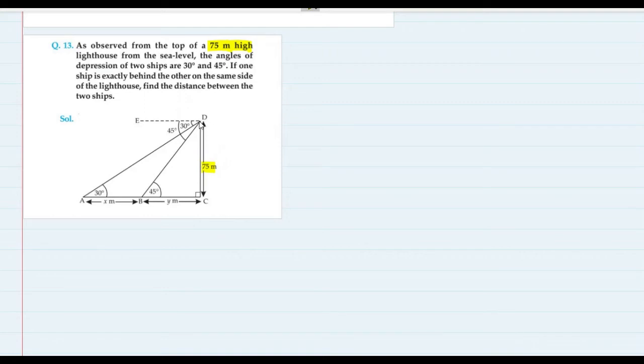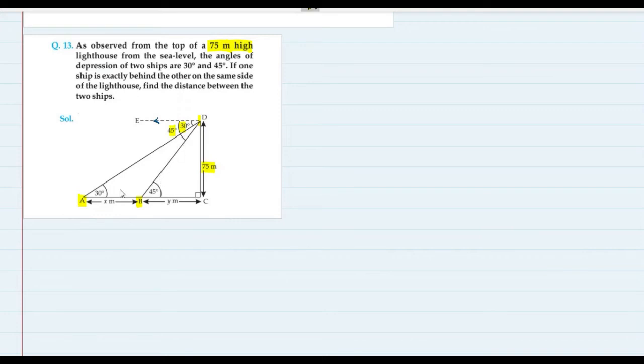Somebody is standing at the top of the lighthouse, and this is the normal horizontal line of sight, but this person is looking down, so he is actually getting two angles of depression. He is looking at two ships at points A and B. When he's looking at point A, the angle of depression is 30 degrees, and when he's looking at point B, the angle of depression is 45 degrees.